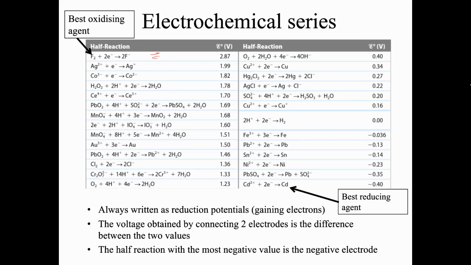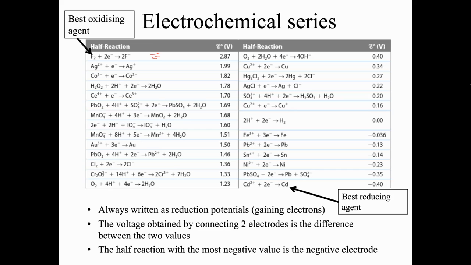Now, we'll look at this in more detail on how to use the electrochemical series in the next lesson. But if you want to work out the voltage that's obtained when you combine two of these half cells, it's just the difference between the two values.